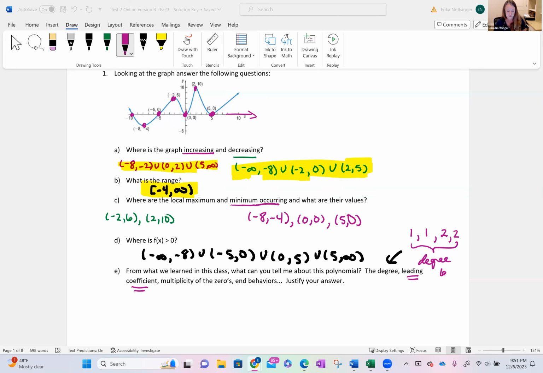So looking up the rule, it says a polynomial of degree n can have up to n-1 turning points. So that means if we're looking at the number of turning points, then the maximum degree would be n plus 1.